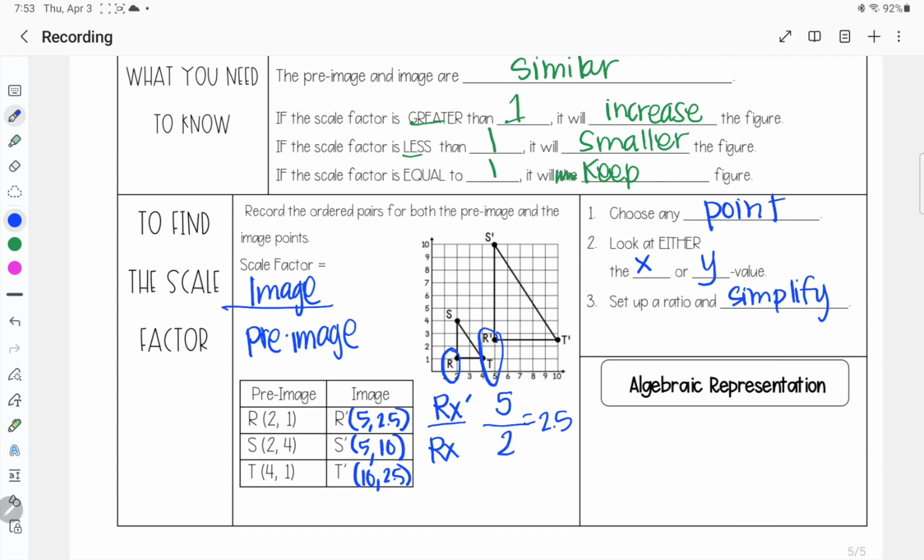So 10/4 would still simplify to 5/2. So the algebraic representation for this would be 2.5x, 2.5y. And again, it's our image, the moved item, over the original.